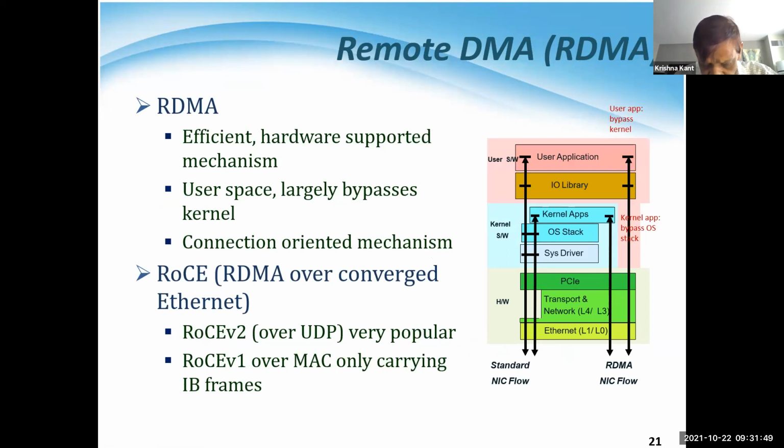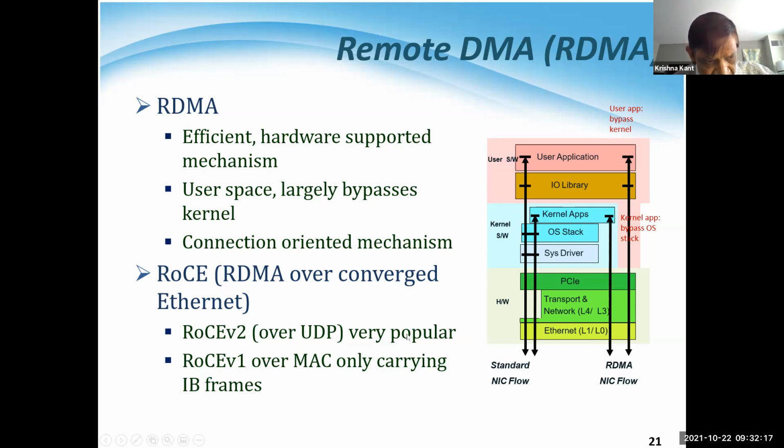So TCP, of course, is a very popular protocol, and we would like to use that as much as possible. However, with these very high-speed technologies, it's necessary to use protocols which are much lower latency than TCP. And of course, the most popular of them is the remote DMA or RDMA.